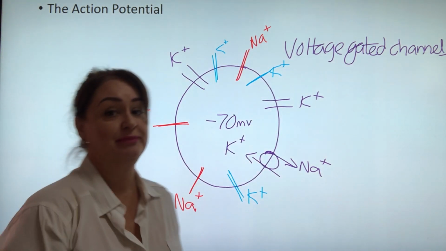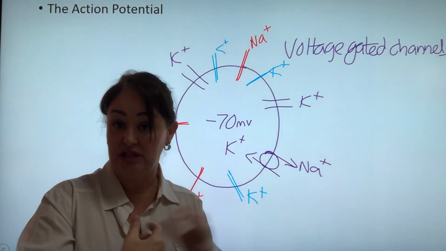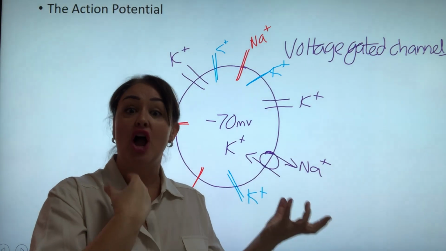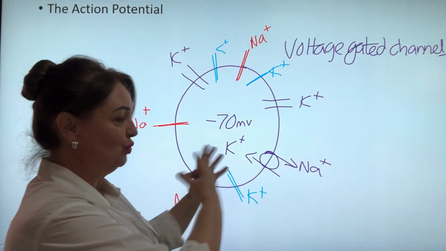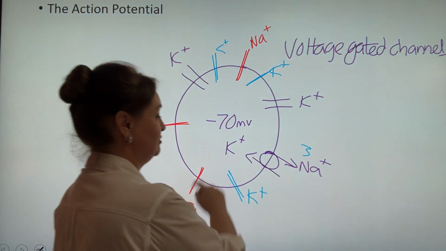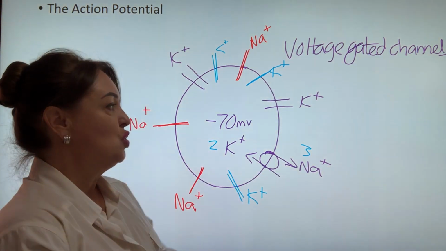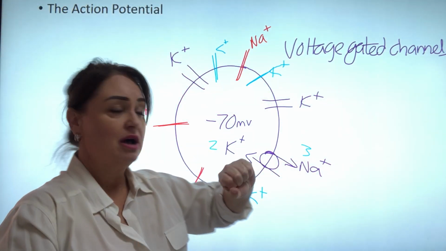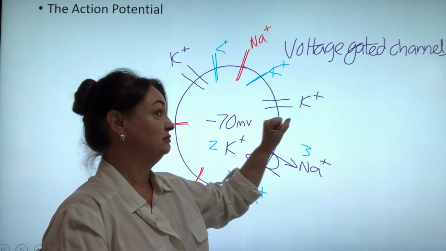It's a busy membrane. Phospholipid bilayer doesn't let ions pass through it because they are water soluble. We've got sodium potassium pumps, which are swapping 3 sodiums out for every 2 potassiums in. That creates the negative charge. We've got some potassium ion channels that are permanently open.